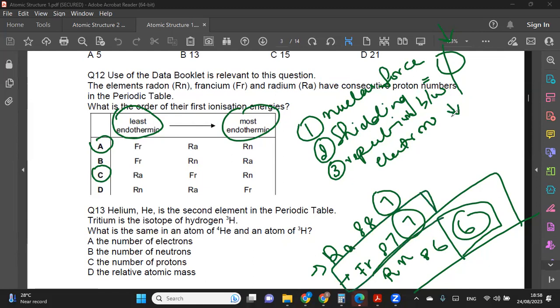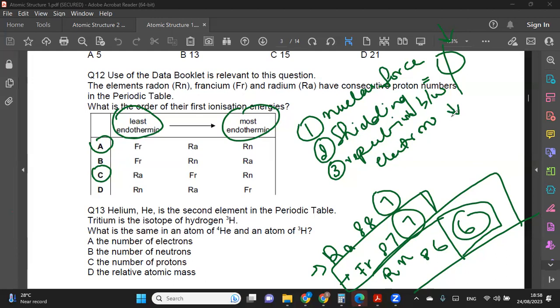I don't have to worry about the shielding, as both have the same number of shells. So the nuclear force decides the ionization energy, and francium has the weaker nuclear force, with only 87 protons. Less attraction means less energy to remove the electron, so francium has less ionization energy.